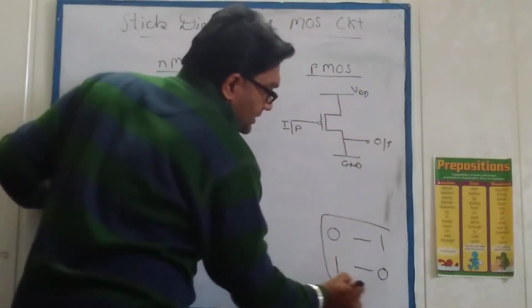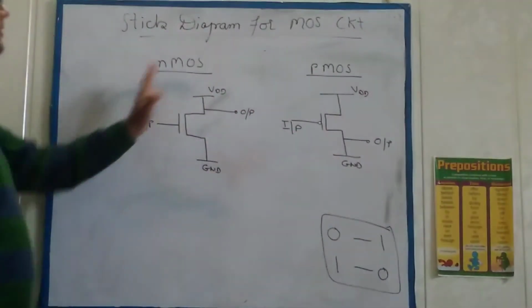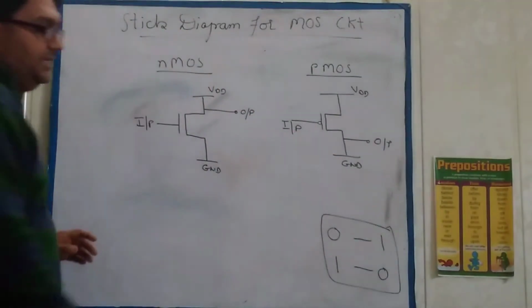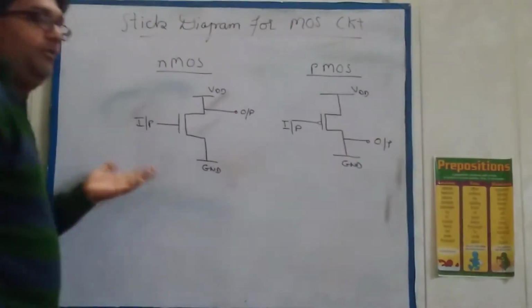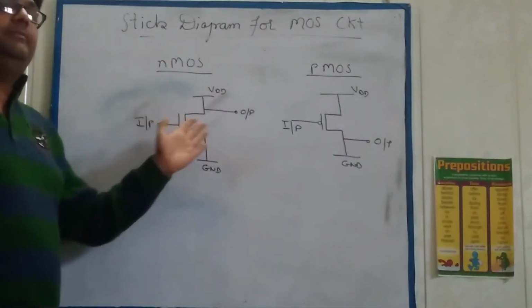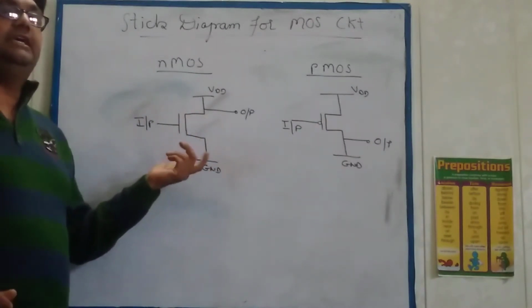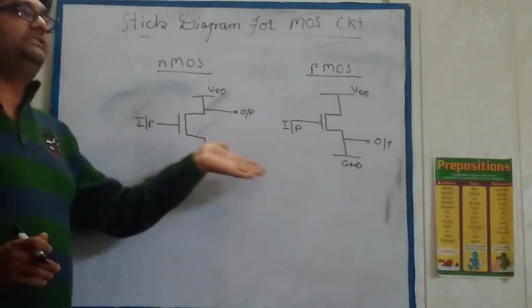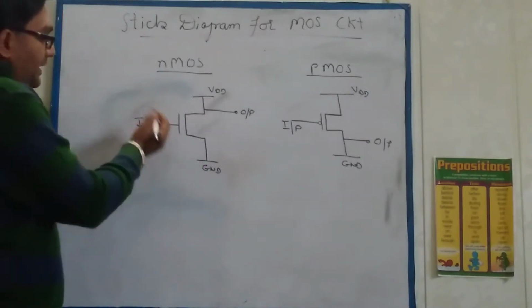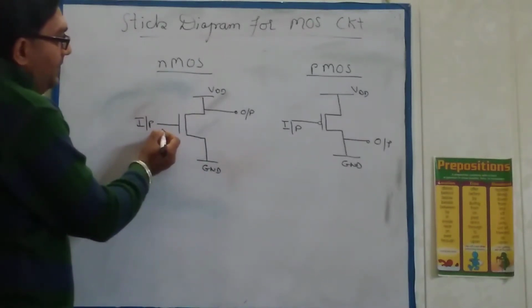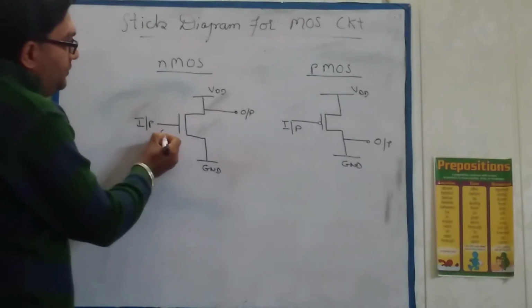So this is the truth table that we have to implement using the PMOS and the NMOS. 0 means low voltage, 1 means high voltage, or you can say 0 means 0 volt and 1 means 5 volt. Right. So let us take, I apply here 0.